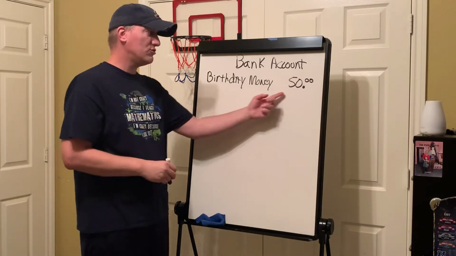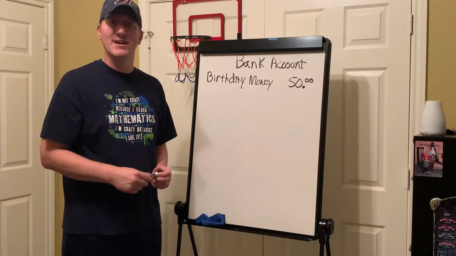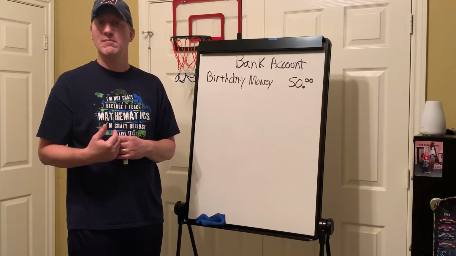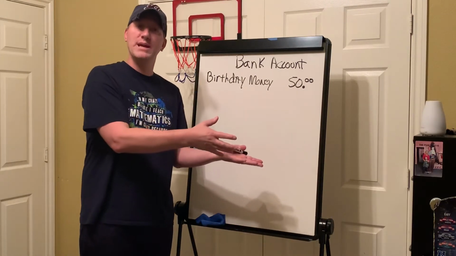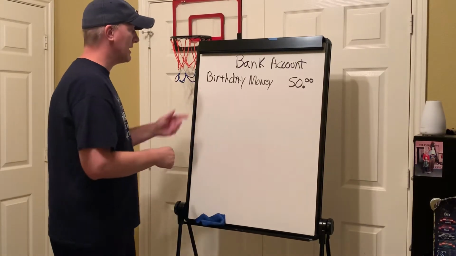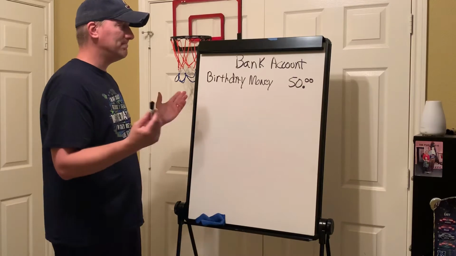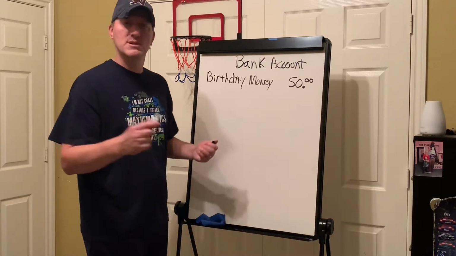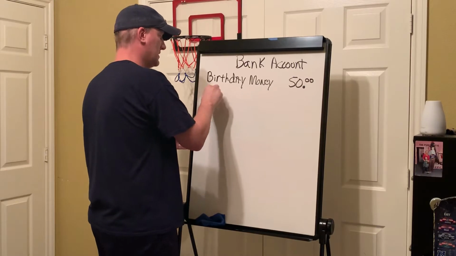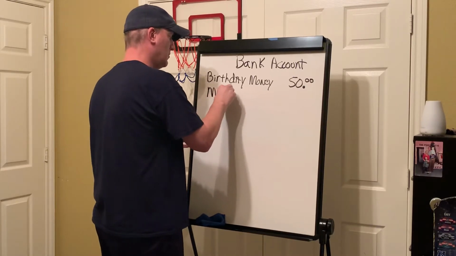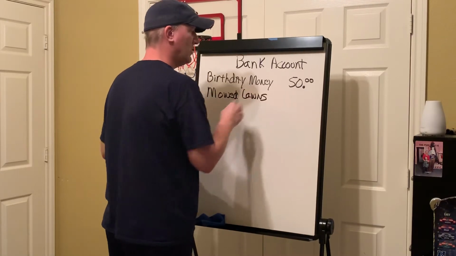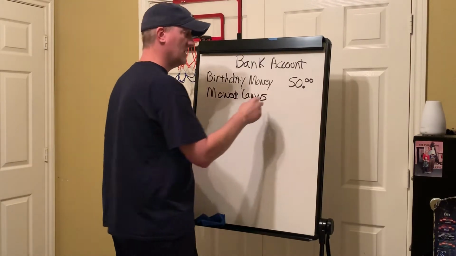So when you're dropping off money at the bank, are you adding to it or subtracting from it? Well, if you're bringing money to the bank, you're adding to your total. Okay, so let's say you mowed some lawns. So let's put in our next line, mowed lawns. And let's say you earned $100.